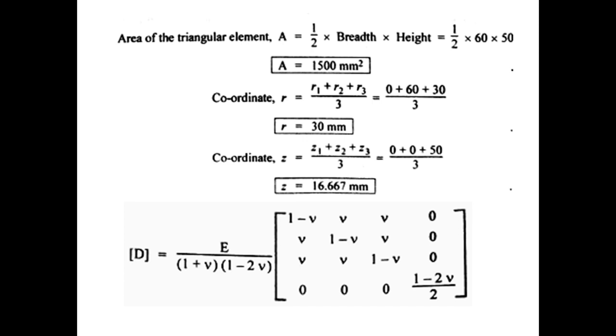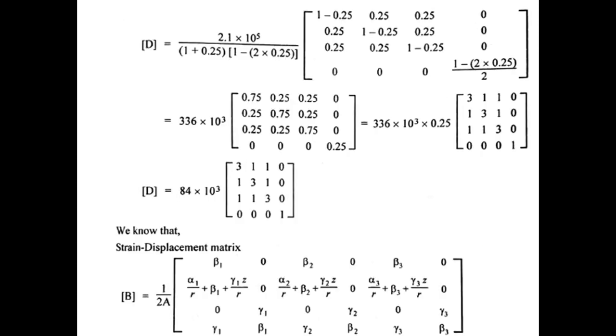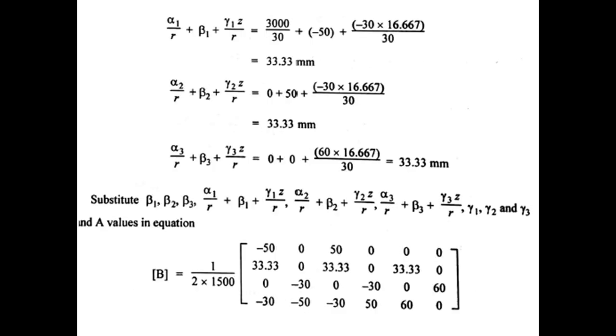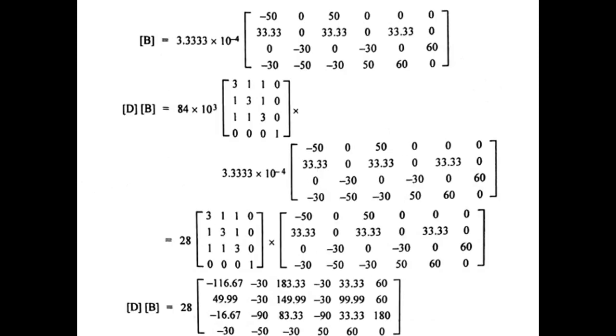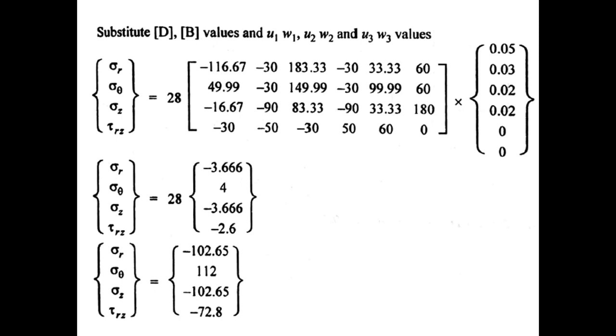After finding the DB matrix, we substitute all the values in the first equation. So we will get the four values. What are the four values? That is radial stress sigma r, and sigma theta, sigma z, and tau r z. So units are Newton per mm square. Whenever we find the values, after finding the values we must put the unit.